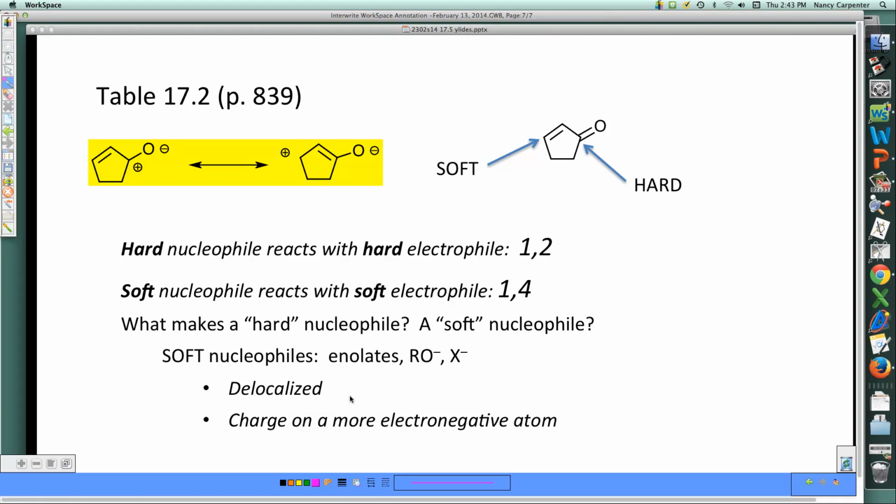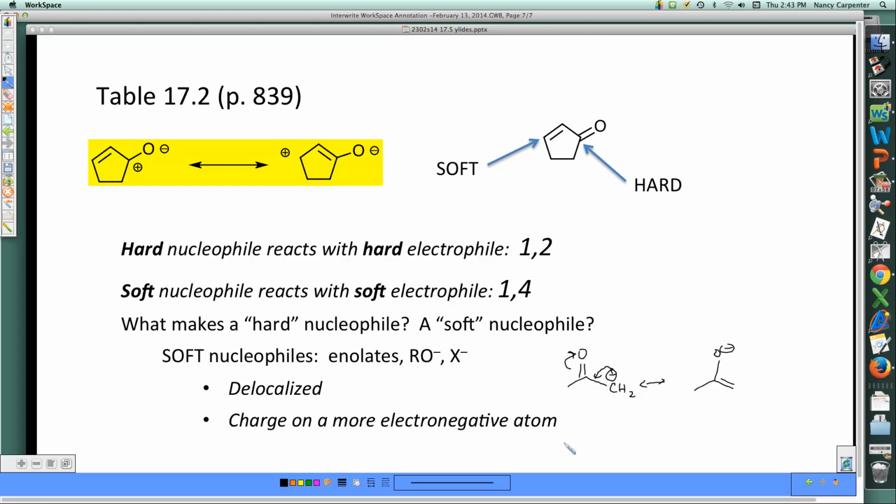An even more quote-unquote obvious way to think of soft nucleophiles is to think of the fact that they could be delocalized. Alright, so enolates are classic examples of soft nucleophiles because the charge is delocalized across the oxygen and the carbon.